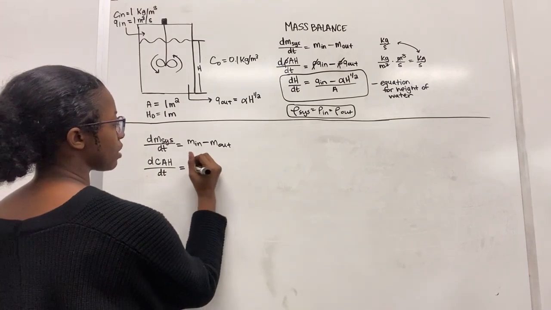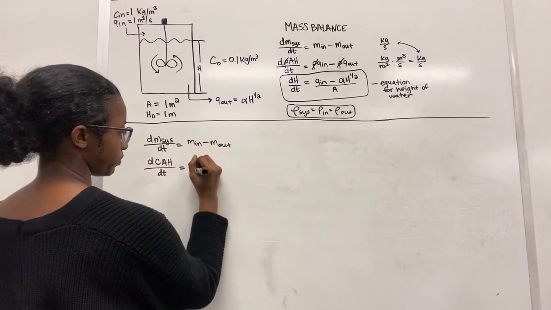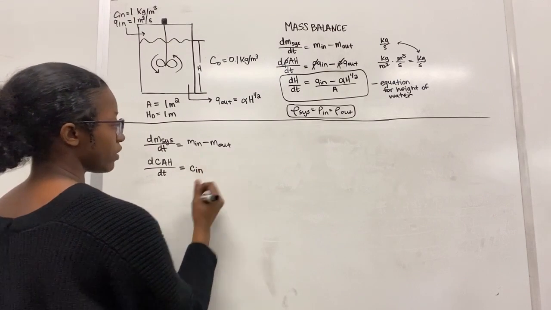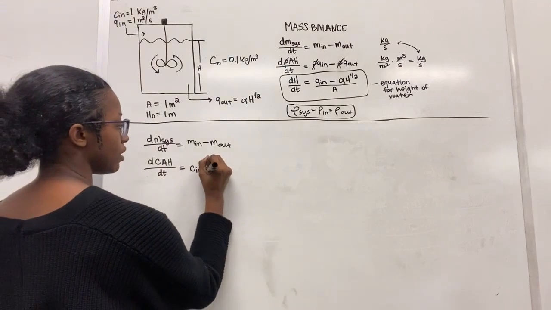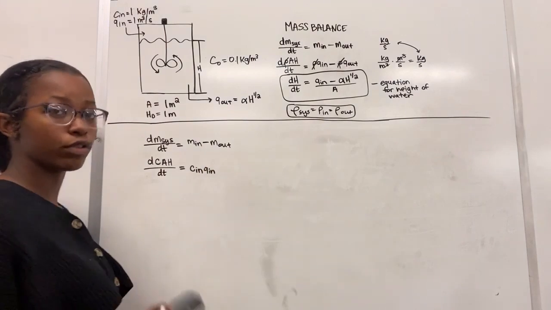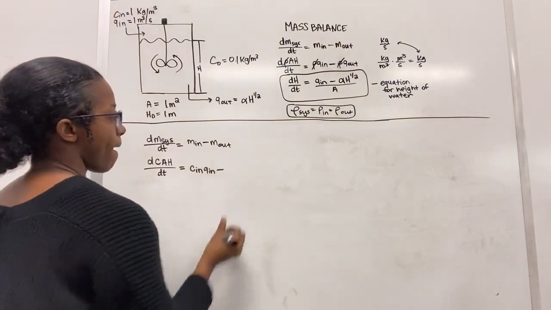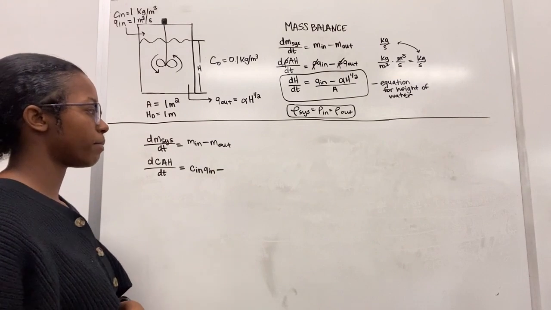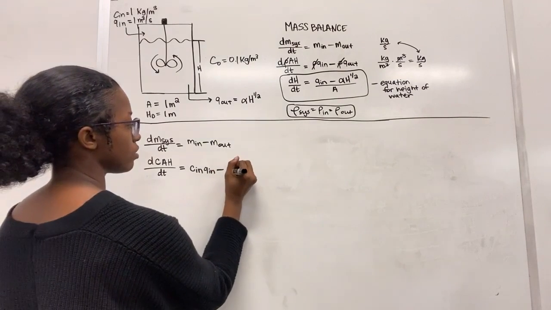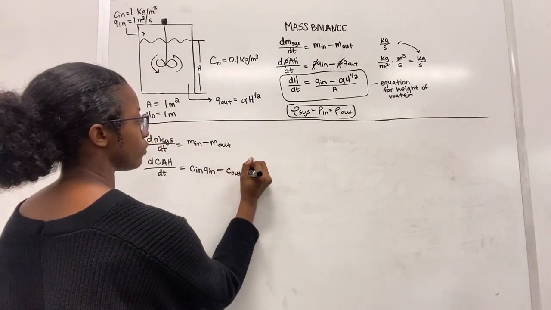And so the mass coming in is equal to the concentration coming in times the flow rate coming in, minus the concentration going out times the flow rate going out.